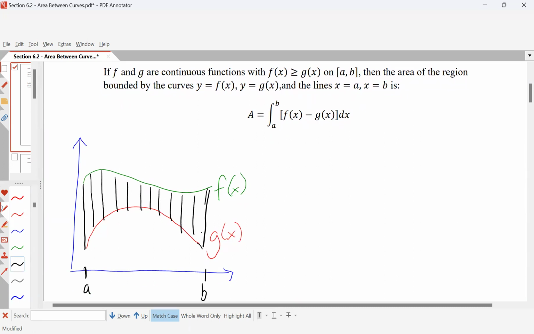If I want to find the area of this region blocked off, then to do so would be to take the integral from a to b of f of x, which would go all the way from the green function down to the x-axis.